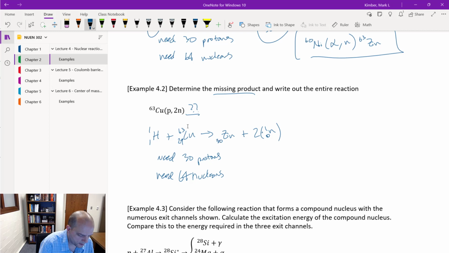So zinc, this is 30. And I've got 64 nucleons on the reactant side, so I need 64 on this side. I've got 2 taken care of with the 2 neutrons, and so this becomes 62. Okay, so this is our missing product, and that's the reaction.